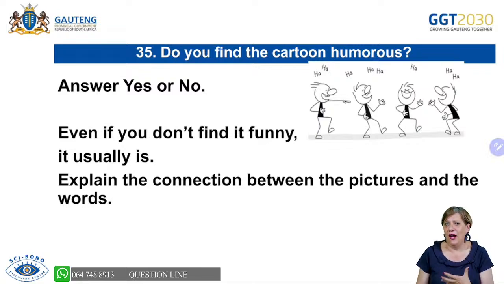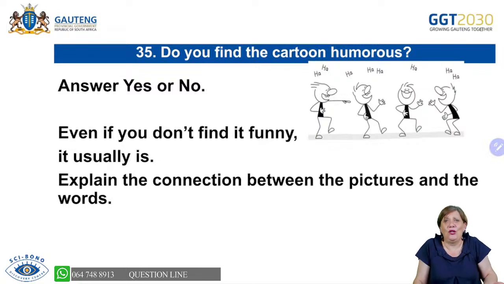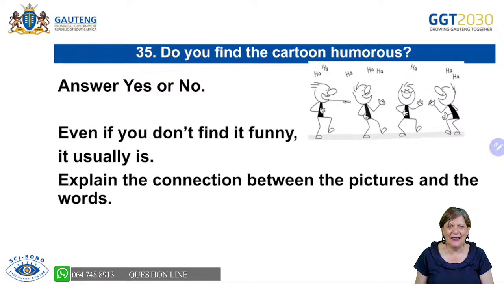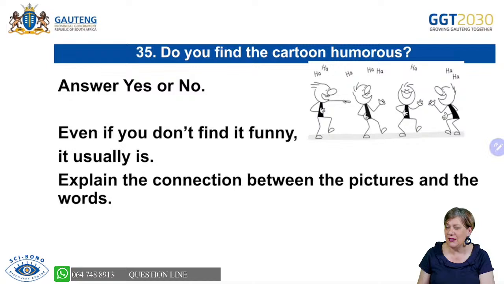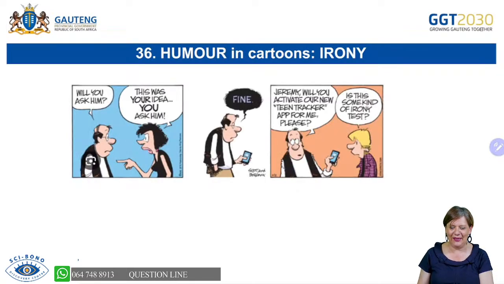But if you don't find it funny, how am I going to answer the question? It's easy. Let me give you a recipe. You need to focus again on the connection between the pictures and the words. Remember, all the frames work up till that final frame. Your final frame is your most important frame. So you really need to focus on what's happening there.